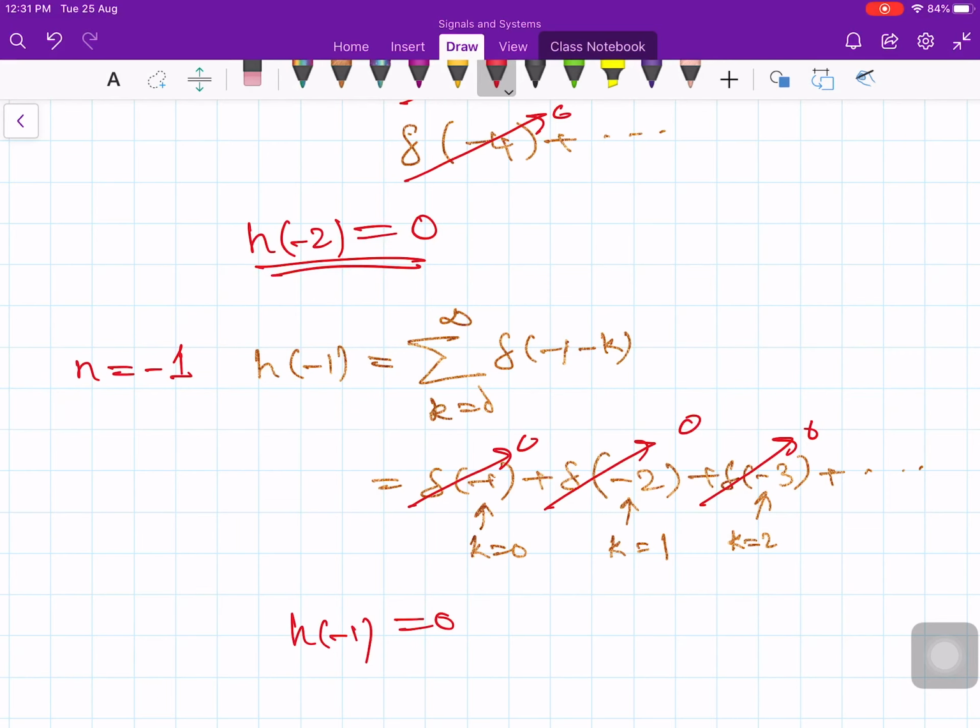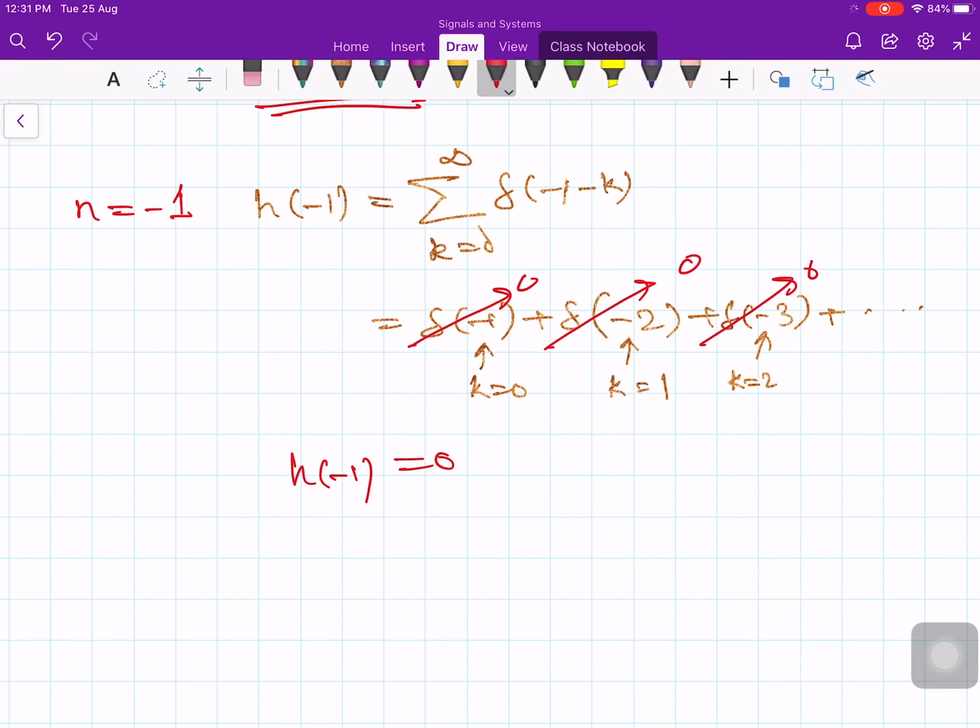Now we substitute n equals 0 in the expression. Now h of 0 is equal to sigma k equals 0 to infinity del of 0 minus k. I can write simply minus k, if you want you can put 0 minus k like that. It's del of minus k.